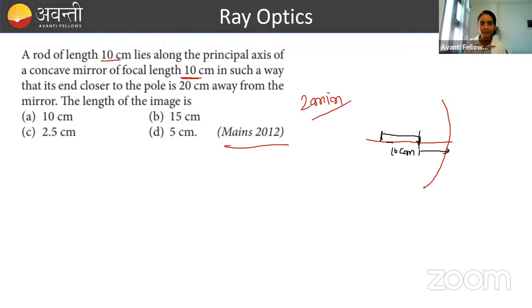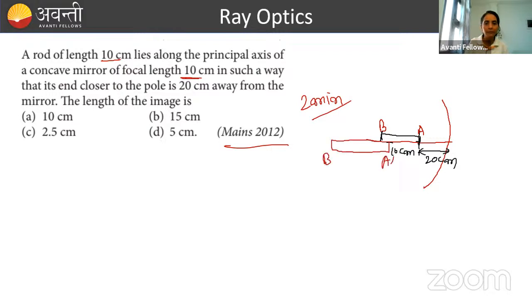So this end is at a distance of how much? 20 centimeter. I told you how you will calculate the length of the image exactly. If this is A, this is B, then we can calculate the image distance for A and the image distance for B. Suppose the image of AB is something like this.